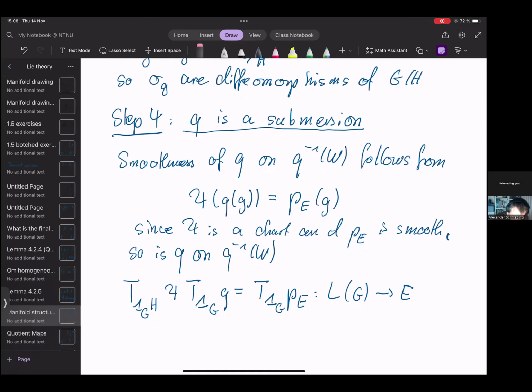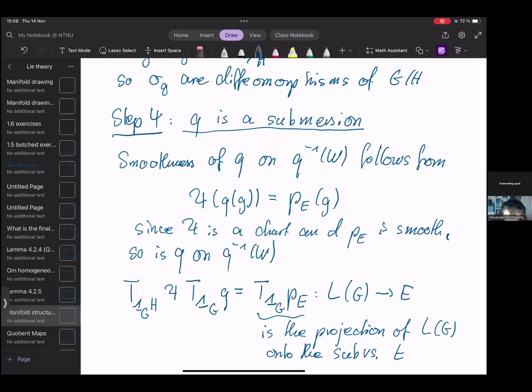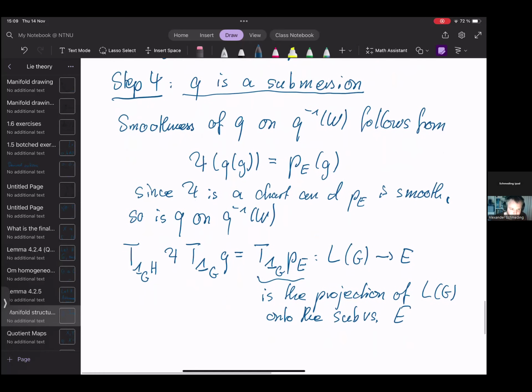What you can see is that this tangent map at the identity element of the PE is the projection of LG onto the subvector space E. So it's surjective in particular. So this is surjective, right? Great.